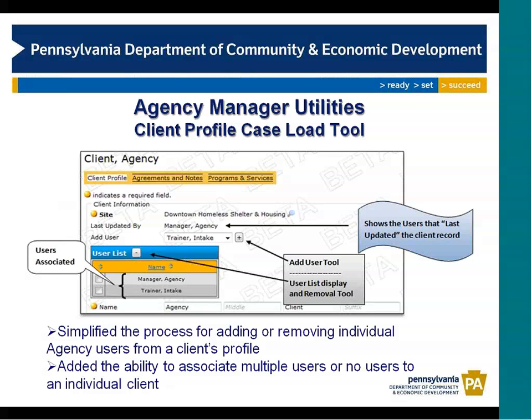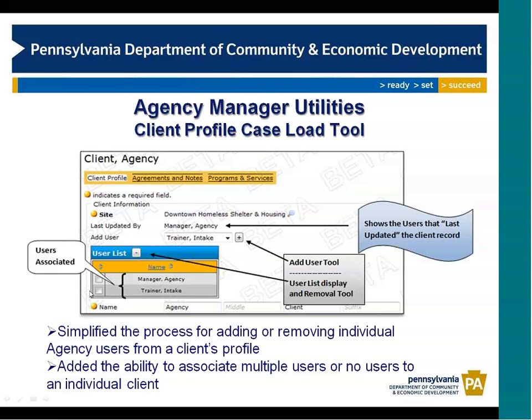Now within this area, we've allowed two different utilities. Basically, you can add new users to this client as well as remove client users from this client. To add a user, basically you have this drop-down area, and it's basically going to show you all the users that are within your agency and able to be associated to this client. When you select them, all you have to do is click this little plus, and it'll automatically shoot them down into the user list.